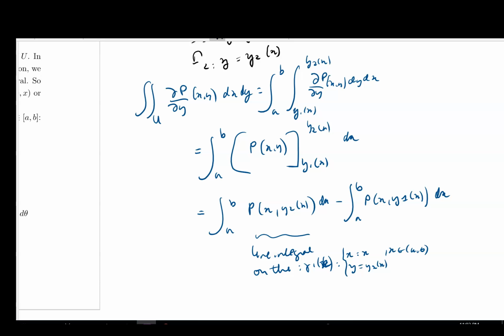This is exactly the line integral on that curve. And what is the curve that we are describing?